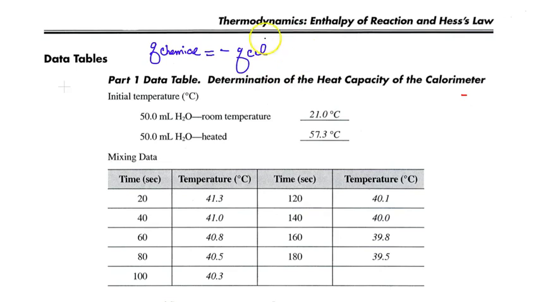So we're going to say the Q of the reaction that happens in the calorimeter, which has the water and of course the solution, is going to equal the negative Q of the resulting solution plus the Q of the calorimeter. Normally, we just do the Q of the calorimeter, or we find the C of cal.